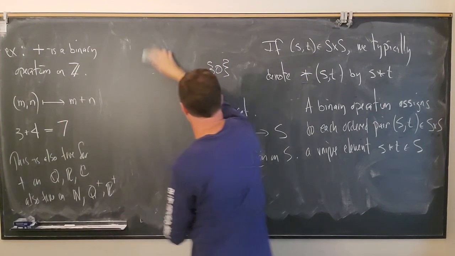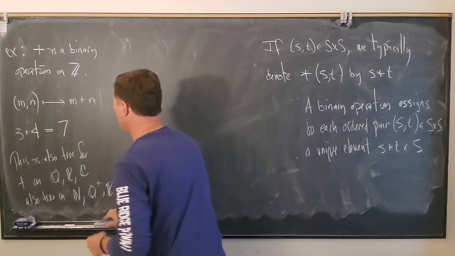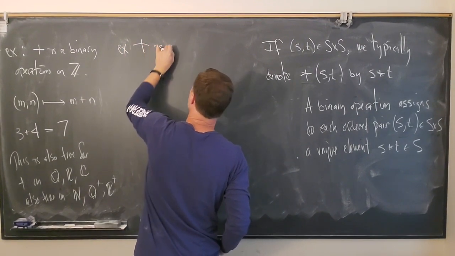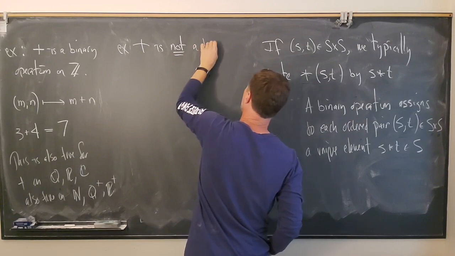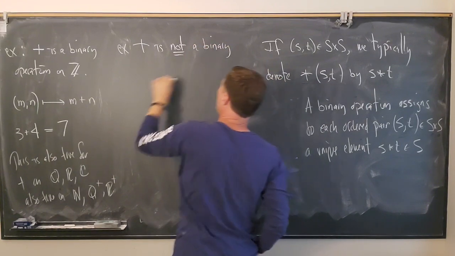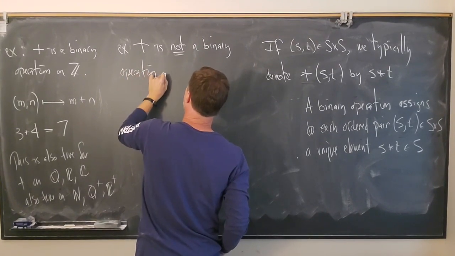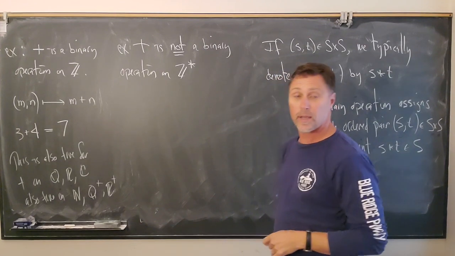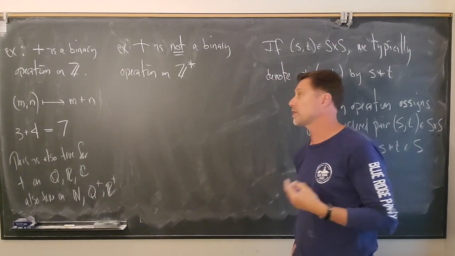So another example: plus is not a binary operation on Z star. Remember, Z star is the set of integers where you delete 0, so it's all integers except 0.